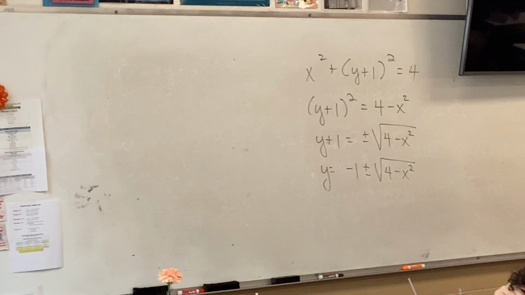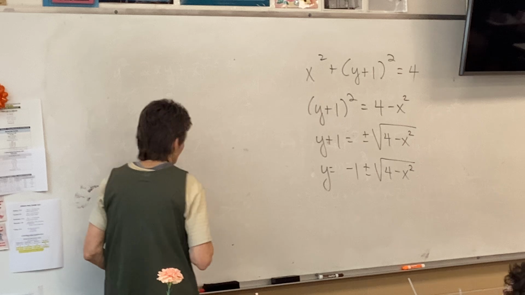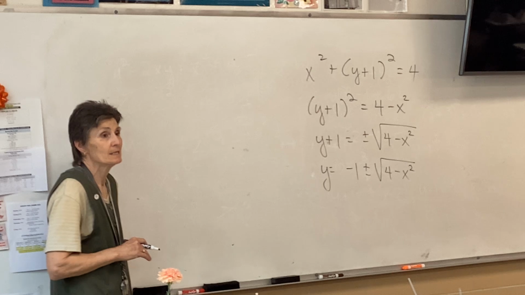The set of points in a plane equidistant from a point and a line in the plane. So in other words, one more time, set of points in a plane equidistant from a given point to a given line in the plane.